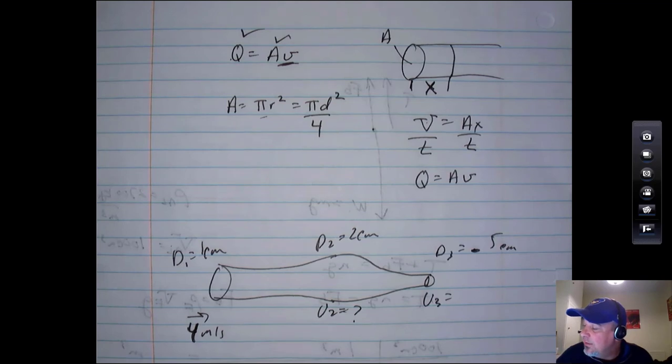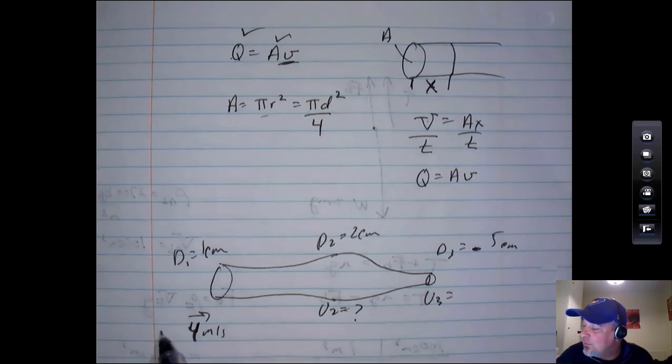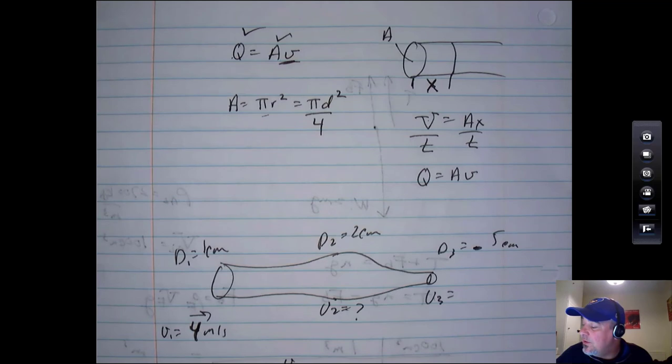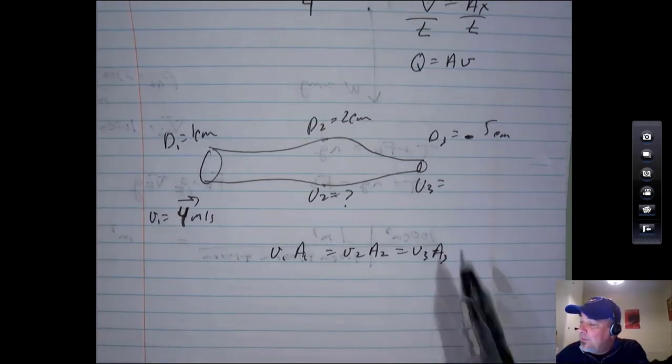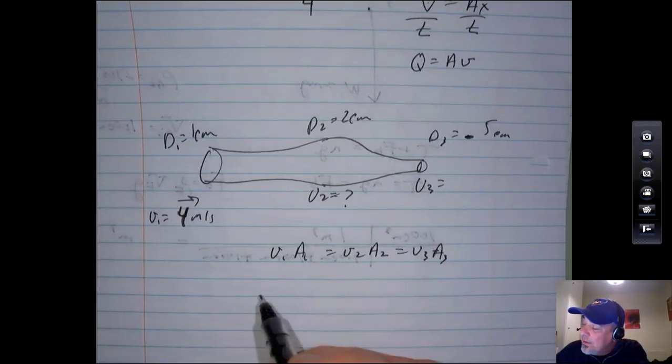So the way I could do this, I'll just call this one V1. V1 times area 1 has to be equal to V2 times area 2, which equals V3 times area 3, because the volume flow rate doesn't change. Now, remember the area, let me take another step here.